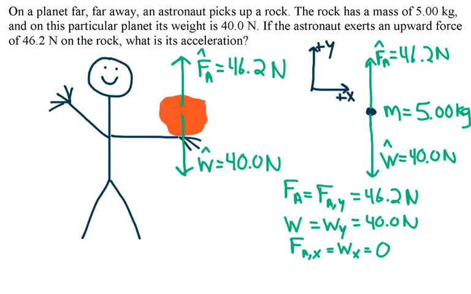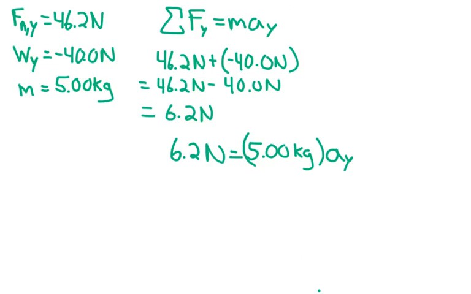Now, remember, the goal of this is to solve for the acceleration. We want to know what the acceleration of the rock is when these two forces are acting on it. So at this point, it's really straightforward. We just divide both sides by 5.00 kilograms.